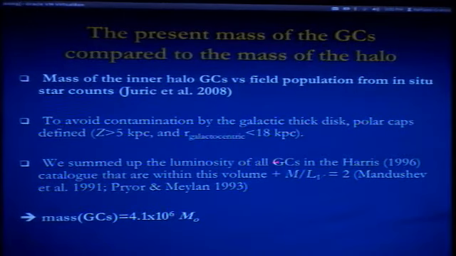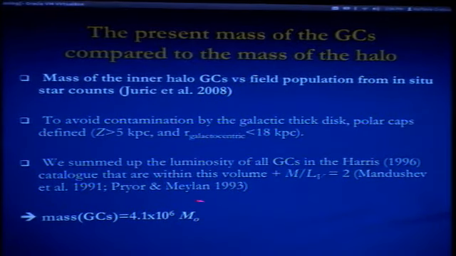We sum up the luminosity of all globular clusters in the Harris catalog that are in that volume. You should assume some mass to luminosity ratio, whose typical value is about 2 for globular cluster populations. So if you do this, you end up with the mass in the globular clusters that are in this part. These are not the total mass of the globular clusters, these are the globular clusters that are in the polar caps. Okay? The mass of the globular clusters in the polar caps is about 4 million solar masses.